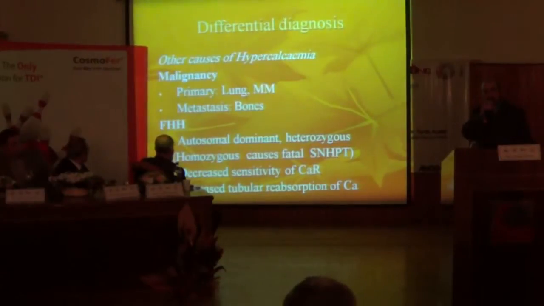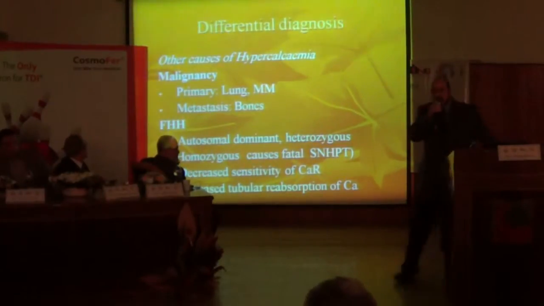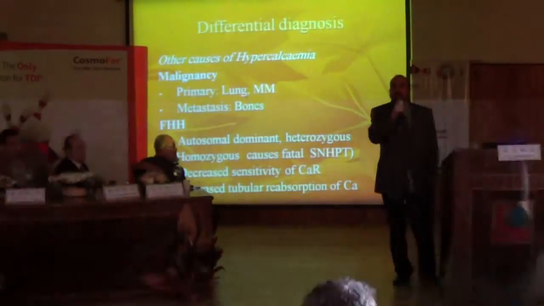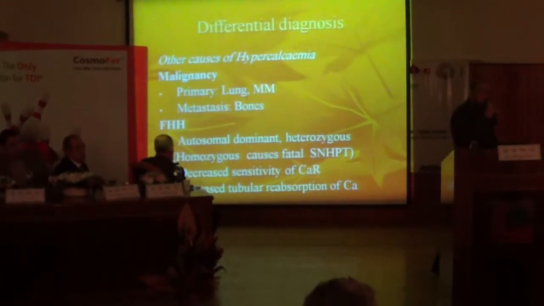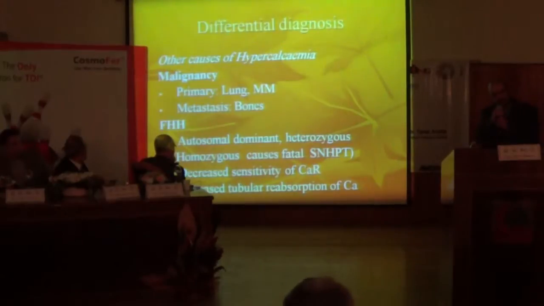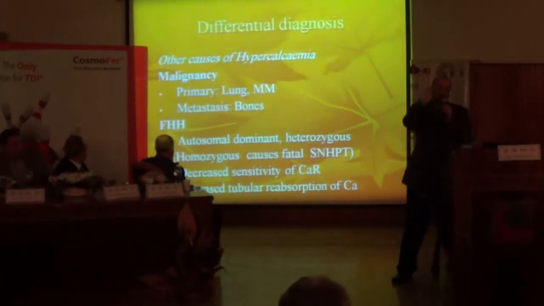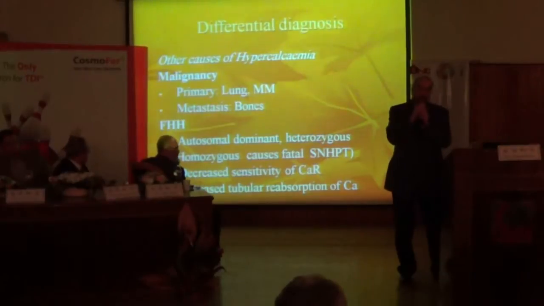Familial hypocalciuric hypercalcemia. It is an autosomal dominant heterozygous disease. The homozygous ones usually die in infancy with severe neonatal hyperparathyroidism. What happens here? The calcium sensing receptors in the parathyroid gland are set at different levels, so it responds to a slightly higher calcium level than normal.